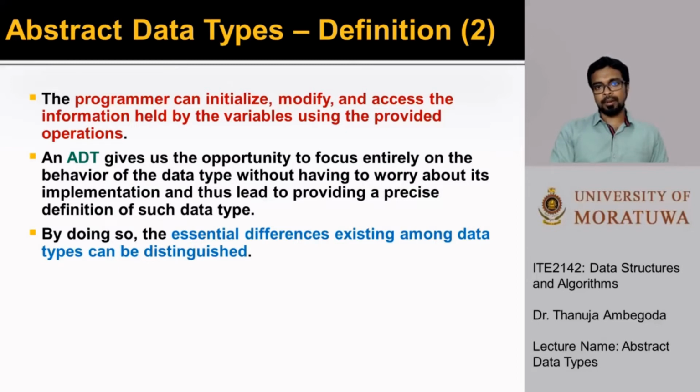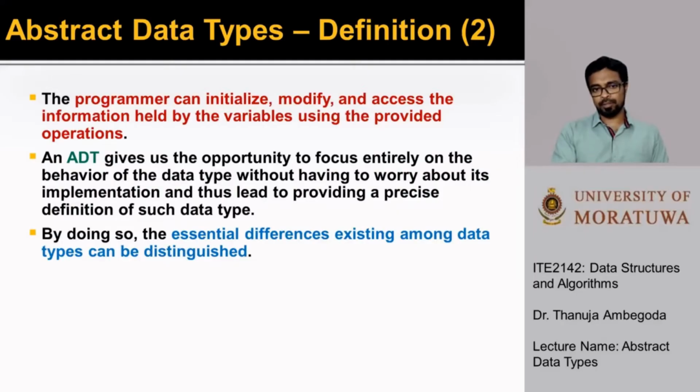So to summarize again, the programmer can then initialize, modify, and access the information held by those variables using the operations provided or defined with the data type. So essentially, you don't have to worry about the implementation of the methods. You just use the methods.